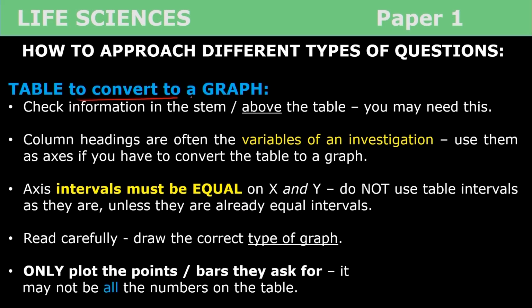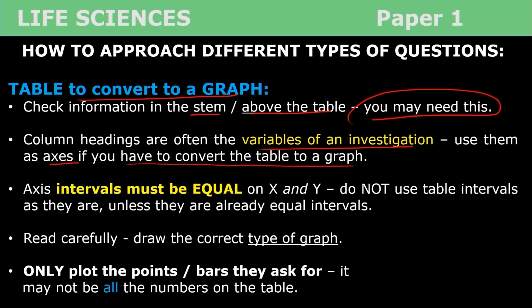Table to a graph. Check the information in the stem above the table. You may need this. Column headings are often the variables of an investigation, so make sure that you use them as axes if you have to convert the table to a graph.